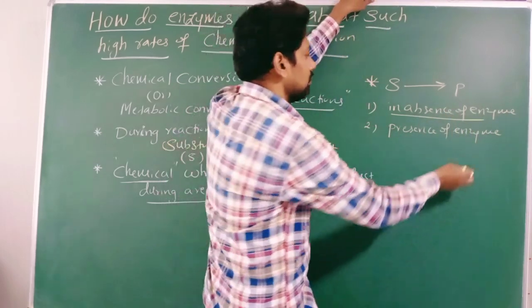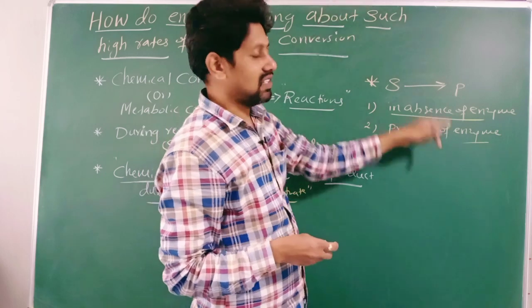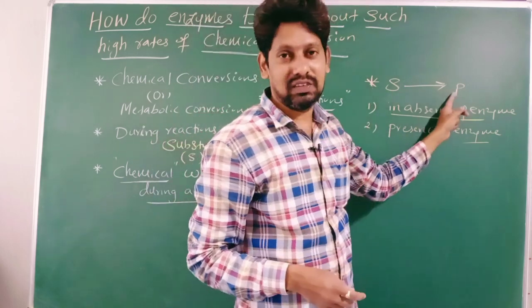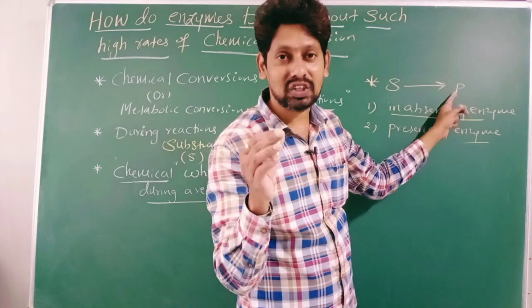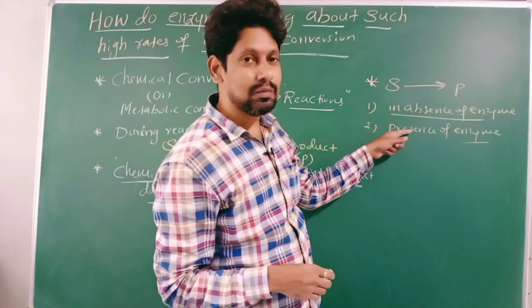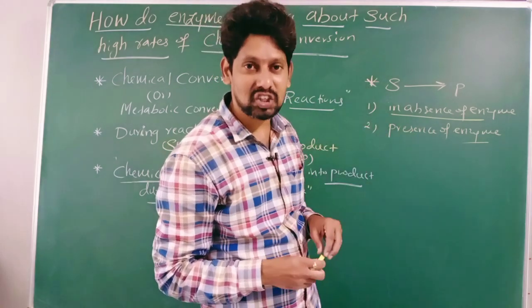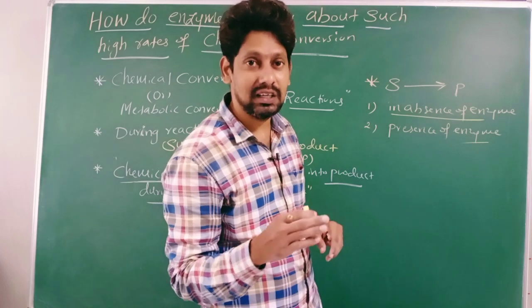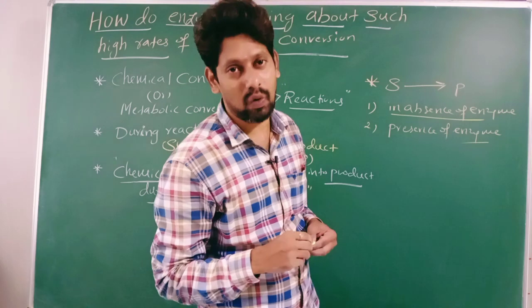Then why do we have to use the enzyme? Because this enzyme speeds up the rate of the reaction and decreases the activation energy required. What is the enzyme doing in a reaction? It increases the rate of the reaction and decreases the activation energy required.